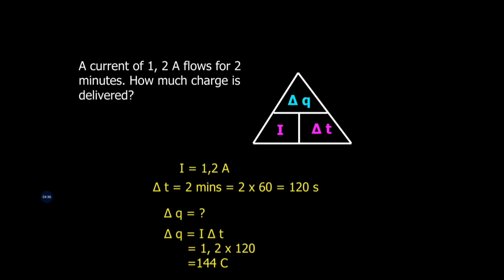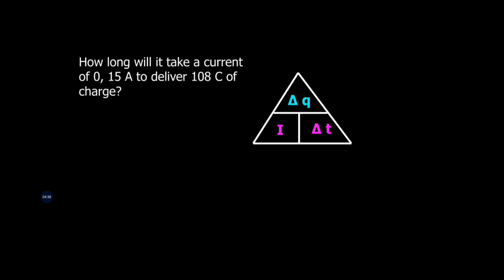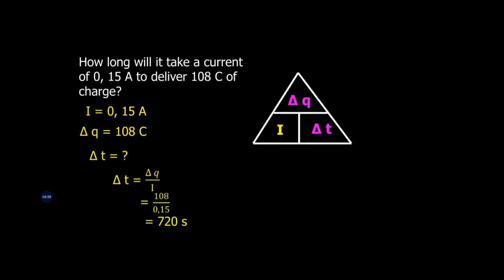What if we want to find the time it takes for a current of 0.15 amps to deliver 108 coulombs of charge? By using the same triangle again, we can discover that delta T is equal to delta Q over I. And this will give us a total of 720 seconds.